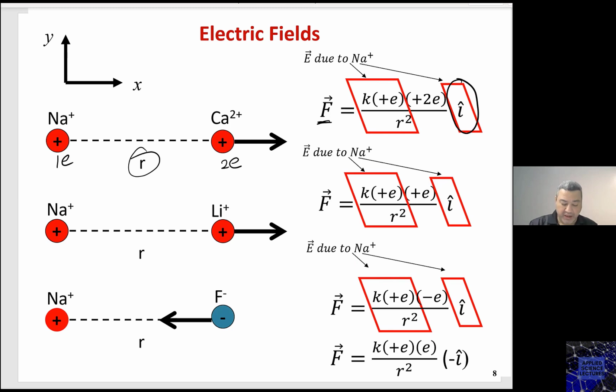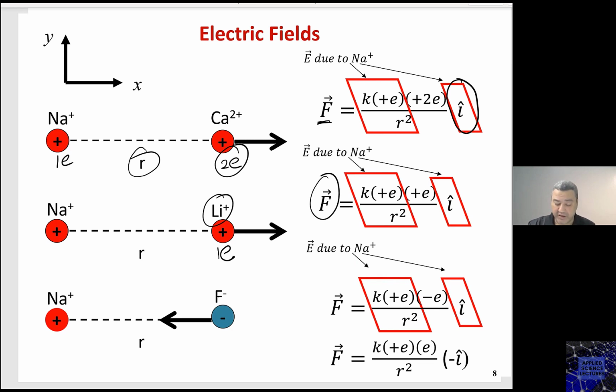Now, if I do the same by changing the charge that I am exerting my force on from calcium to lithium with 1e, then the electric force exerted due to the sodium on the lithium is this.